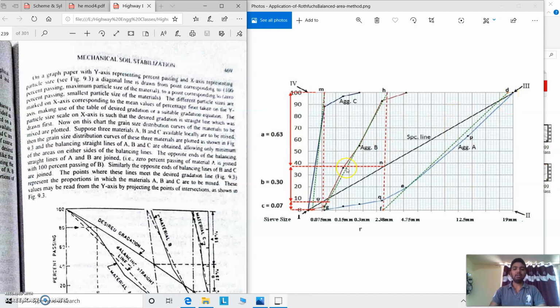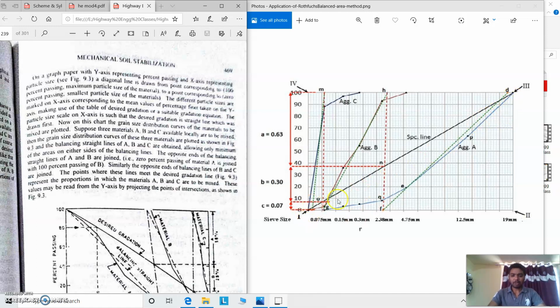That will be your diagonal line, from the minimum to the minimum of sieve size and particle sizes, and similarly the maximum.